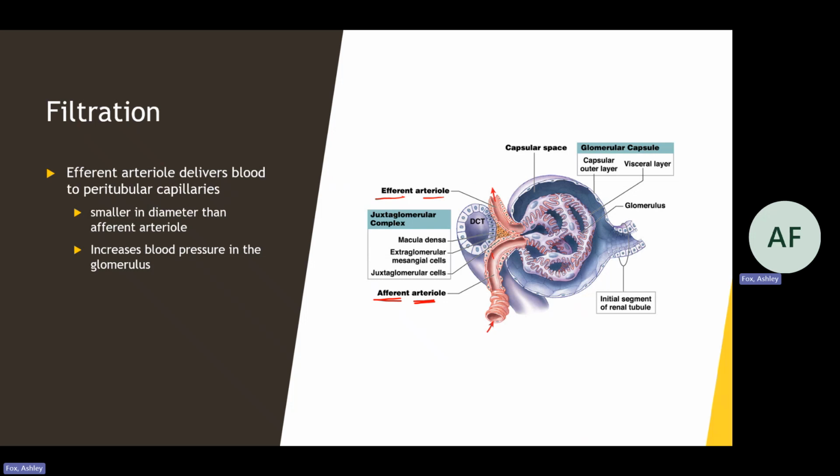Well, it's going to be harder and it's going to slow down the exiting process versus the entrance process. That is going to increase the blood pressure in the glomerulus because less blood is flowing out, so more is going to stay in the glomerulus. It's going to put more pressure on the walls of the glomerular capillaries. So we're going to increase blood pressure. And that's going to come into play when we talk next.